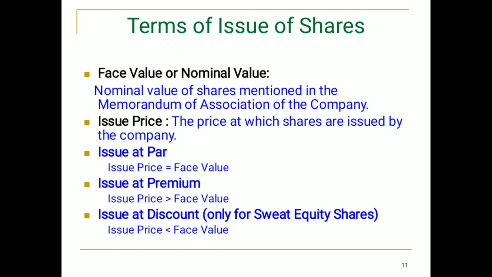I repeat, issue at par is the issue of shares at face value. Issue at premium is when you issue the shares for more than their face value. Alright? The third concept is not in your syllabus, so we are not going into detail with it.